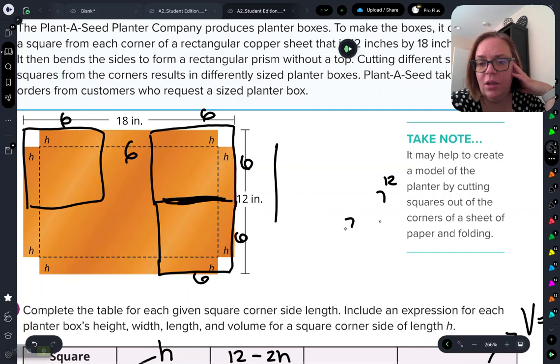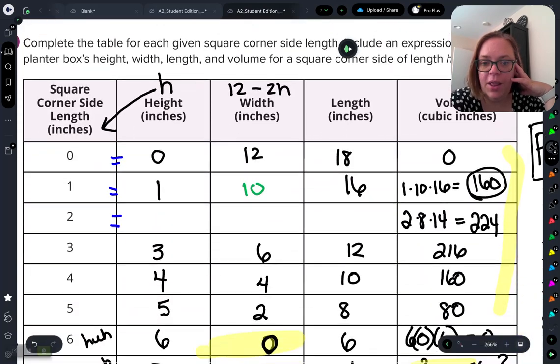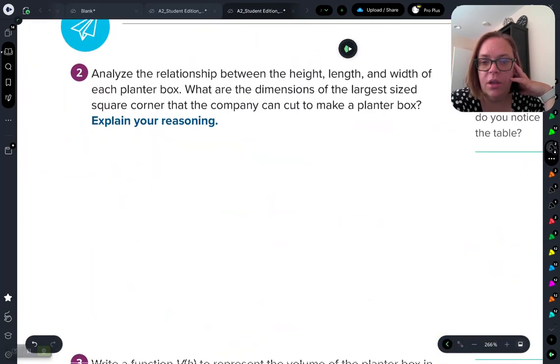Because it would be completely cutting out this dimension here. 6, 6, 6, 6. And so you wouldn't really have much left to fold, but that's the largest we can take out.